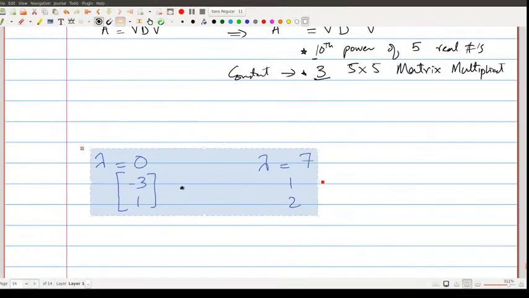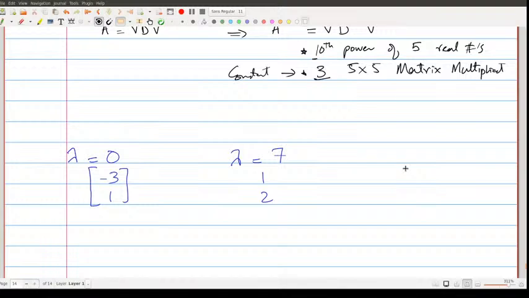Right, here are the eigenvalues, the example. The matrix was A equals 1, 2, 3, 6, and this can be diagonalized.